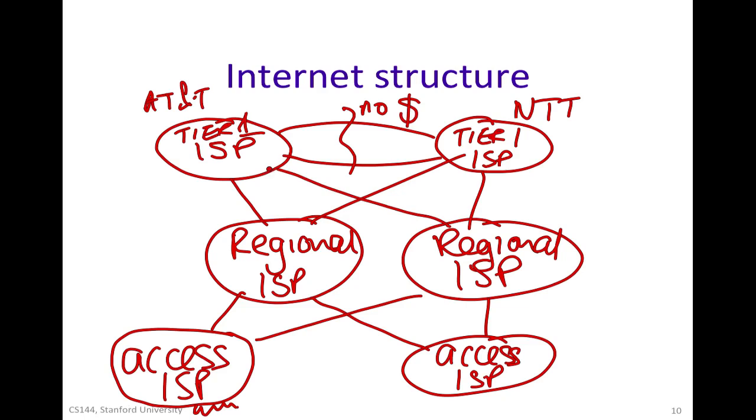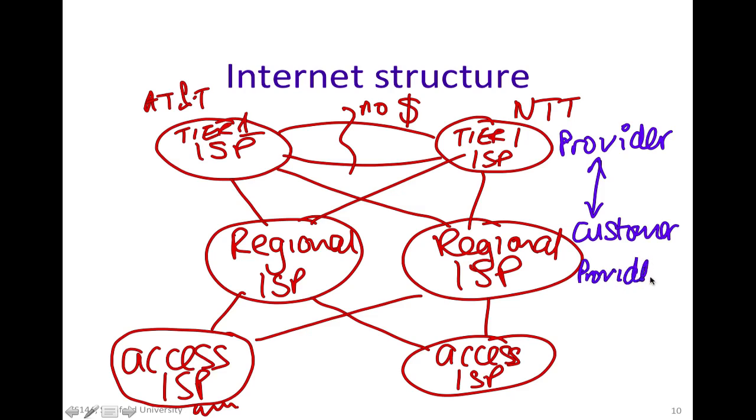So this hierarchy is one in which there's a well-defined relationship between each of these entities. In general, up above is the provider, and below is the customer. So the provider is providing service to the customer, and that goes all the way down.